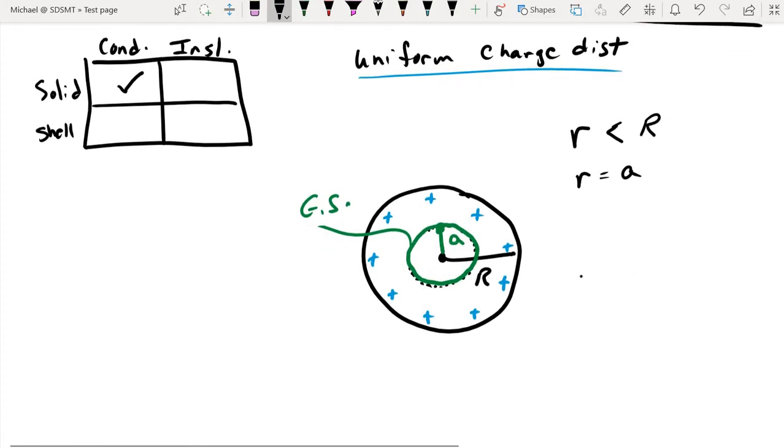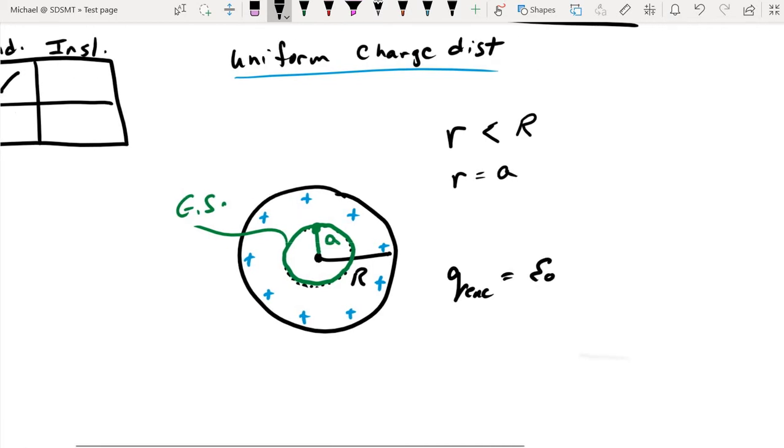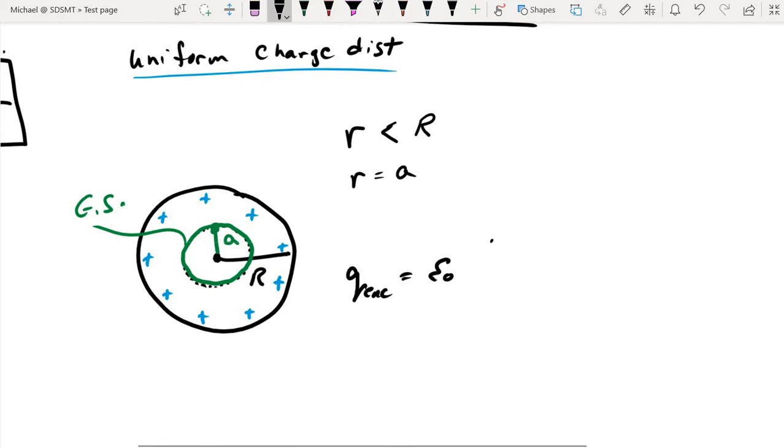If we apply Gauss's law to this system, Gauss's law says we have to relate enclosed charge to the electric flux that passes through that surface.